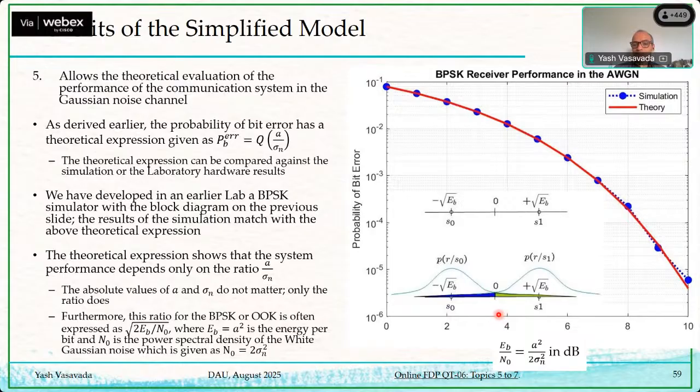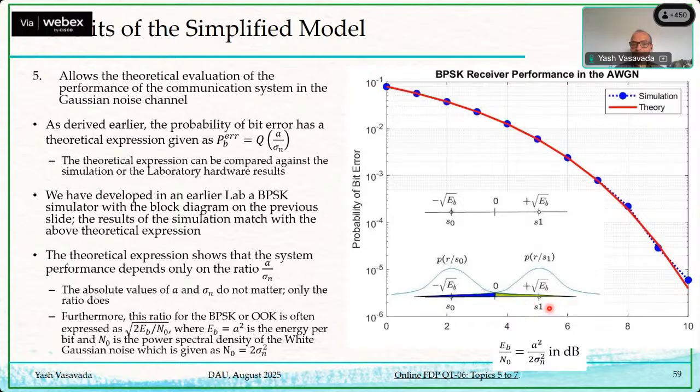And what happens is, if you imagine these two PDFs, the bell-shaped PDFs, and you imagine that I bring S0 and S1 closer to each other, then you can imagine that this tail probability, the area corresponding to green or blue, will increase.